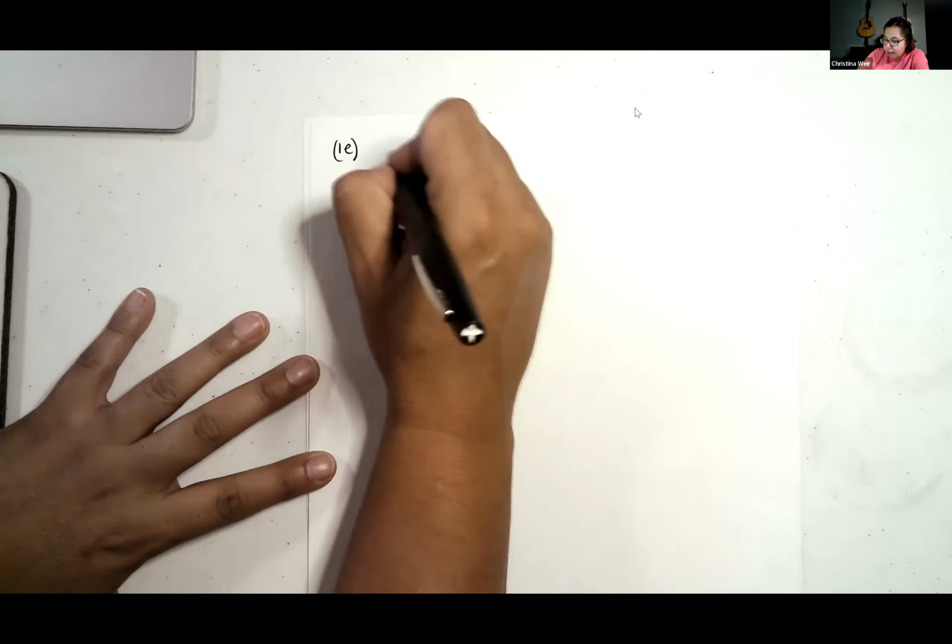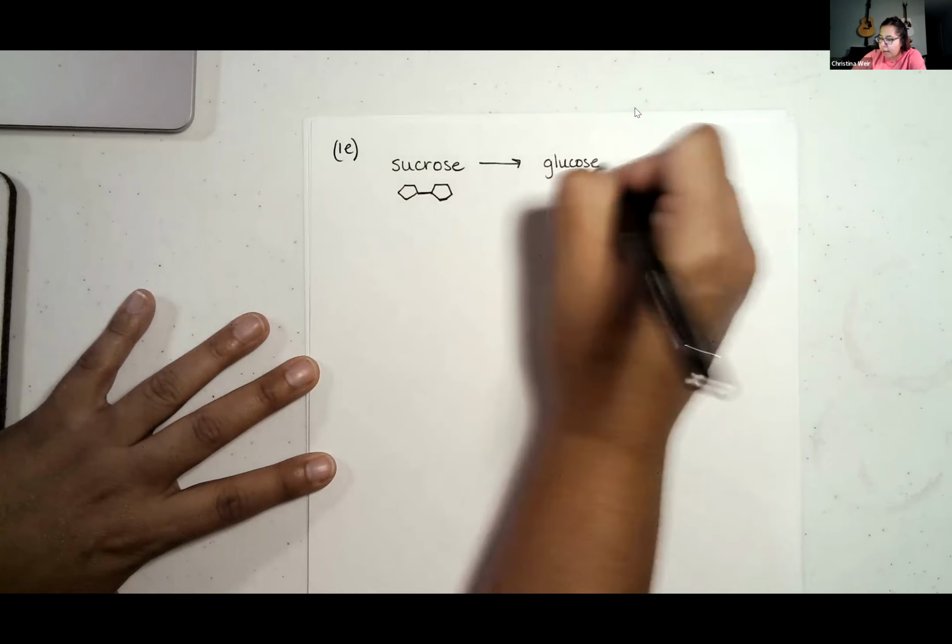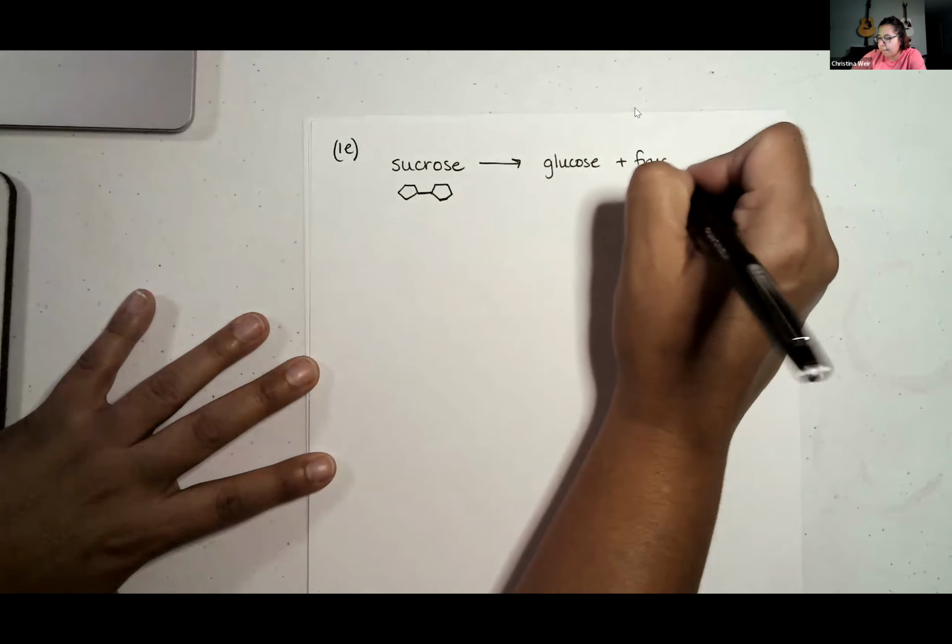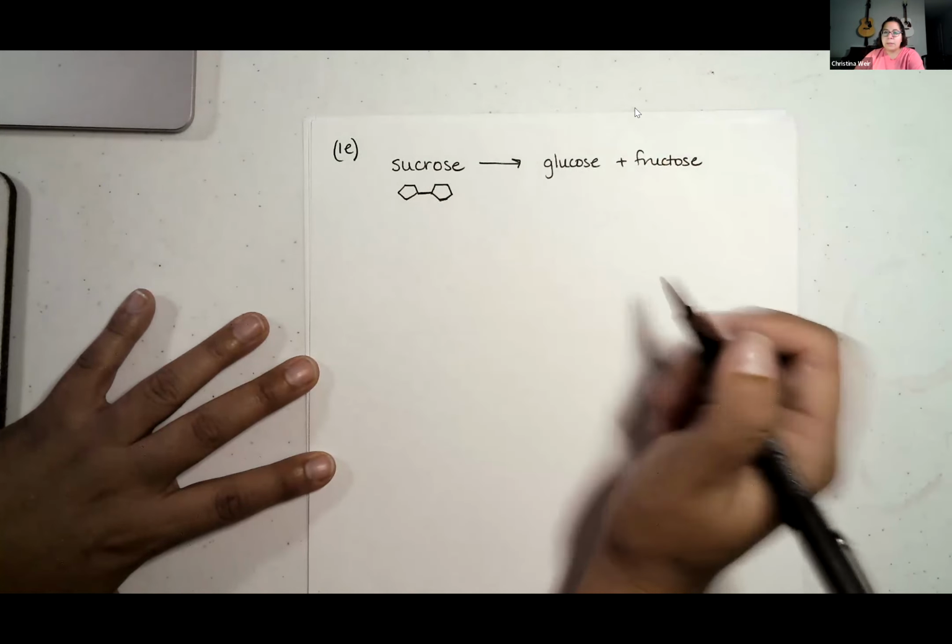Sucrose is a sugar molecule that's made up of 2 building blocks. Sucrose can be broken down into glucose and fructose. The way that we generate these two is that we have to break the chemical bond between them.